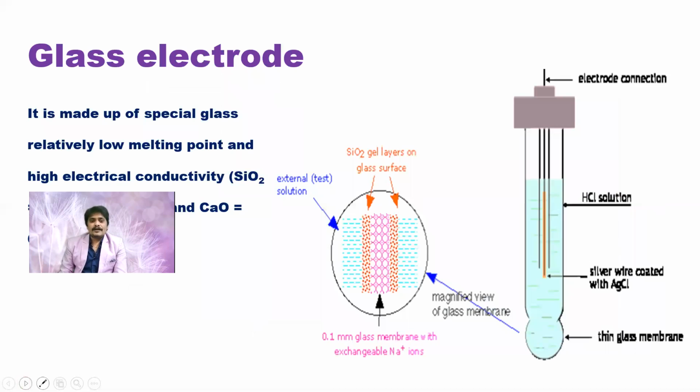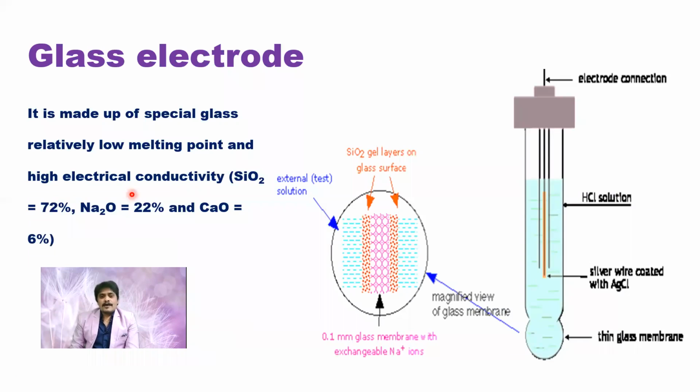Right. Now, before discussing the construction and functioning of this glass electrode, as it is an ion selective or specific ion electrode, we have to discuss to which ions it is selective or specific.